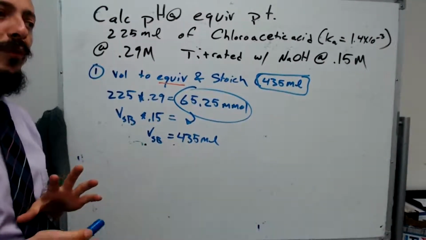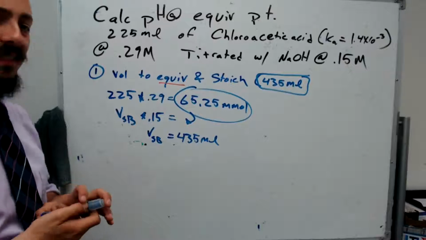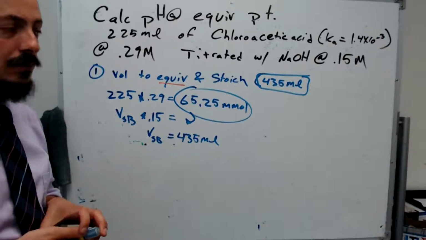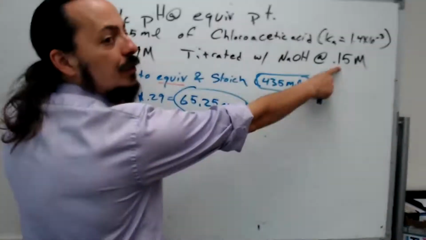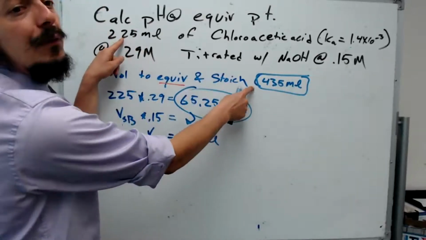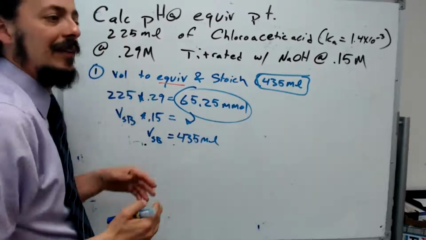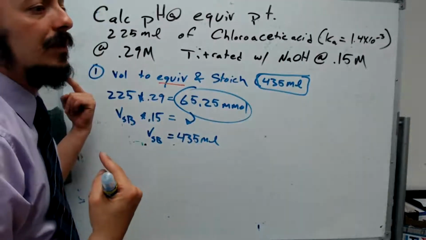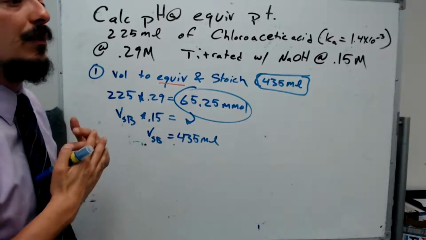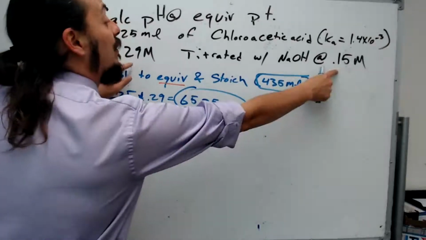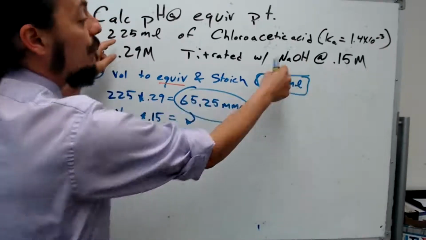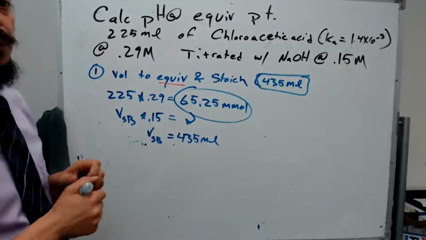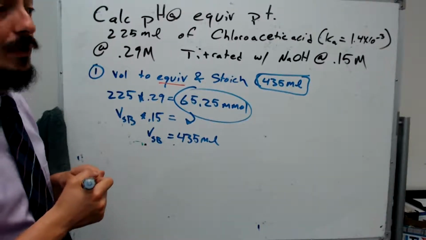Now, before we move on, we should stop and say, ooh, 435, is that reasonable? Concentration is double, volume's about double. Does make sense, right? If they were the same molarities, it would be the same volume, because you'd need the same volume to get to the same number of moles. Since the concentration's about double, we need about twice as much in terms of the volume.